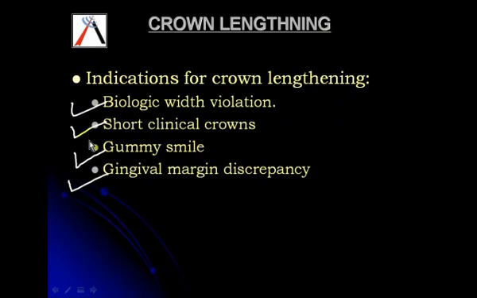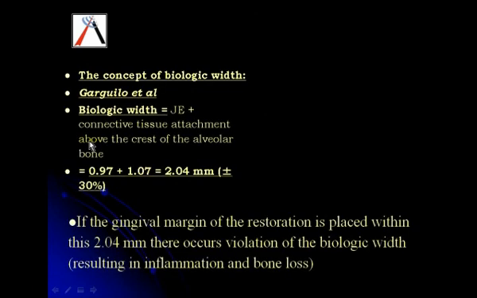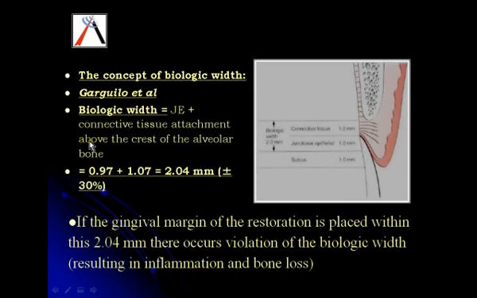So this is an interesting topic, but before we go to the topic, we need to understand what is biologic width. The biologic width concept was given by Gargiulo. Again, you have MCQ. And biologic width is defined as junctional epithelium plus connective tissue attachment above the crest of the alveolar bone. So what we need to have is, this is the crest of the alveolar bone and this is your junctional epithelium.